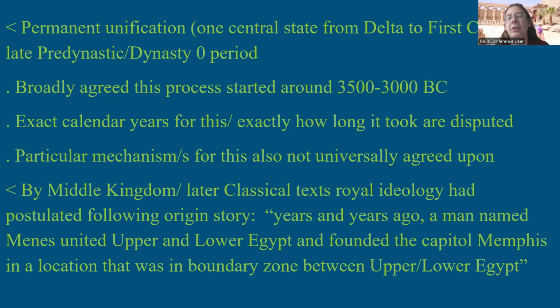Part of the wrinkle in recent years has been that before Narmer, who is usually put in the first dynasty, before his dynasty, there also seems to have been an earlier group of rulers that had control over at least some parts of Egypt, which is what this Dynasty 0 period is talking about.